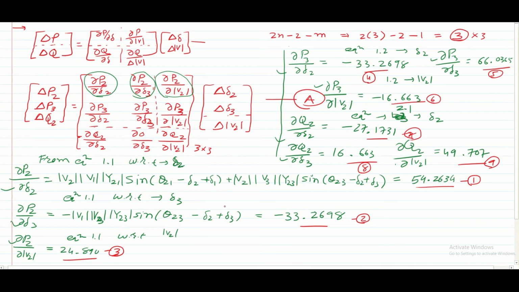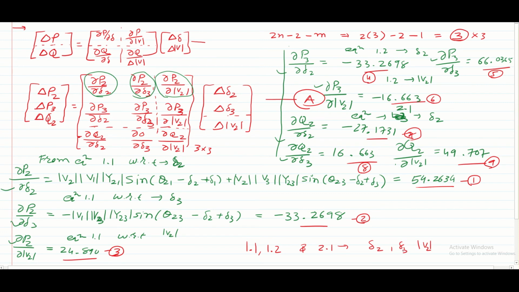Okay. Yes, nothing else. We have to just follow the mathematical process and differentiation of the equation number 1.1, 1.2 and 2.1 with respect to first delta 2, delta 3 and V2.